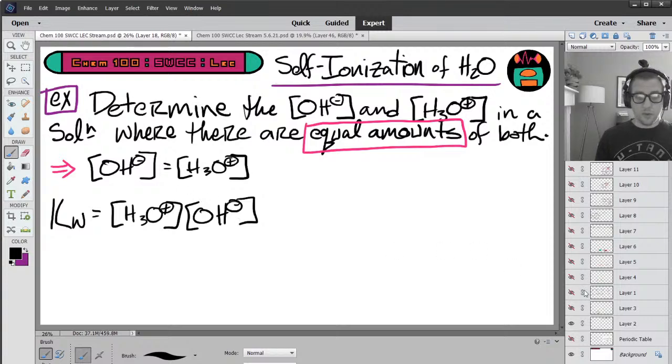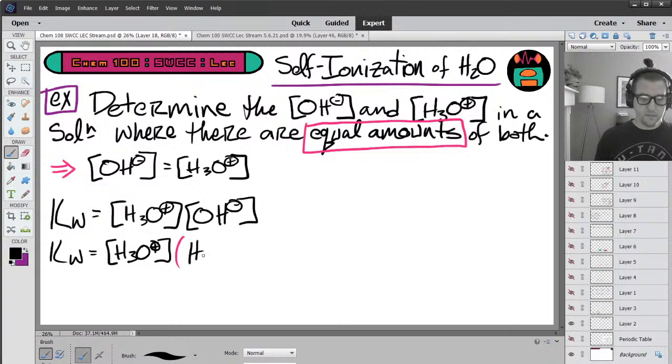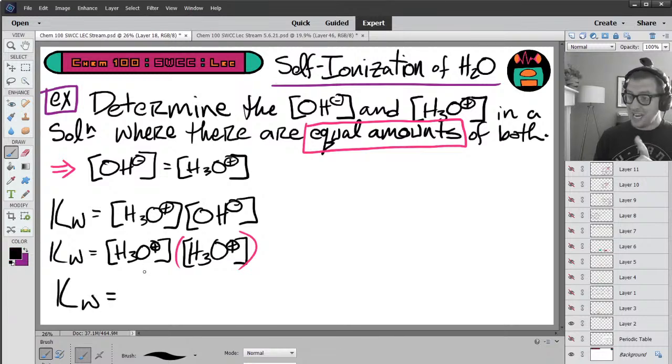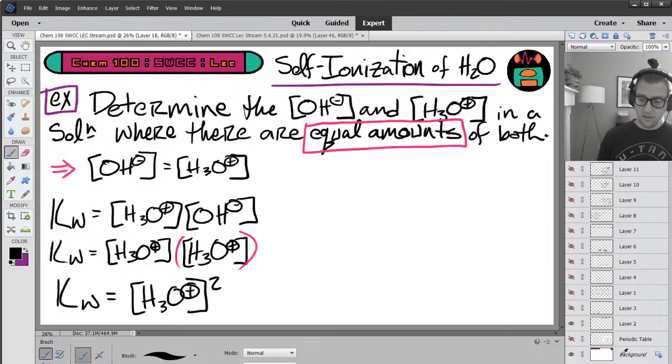Because if these two are equal, then we can substitute in the concentration of hydronium for the concentration of hydroxide. They're the same quantity. So you do a substitution. This means that Kw in this case would be equal to the concentration of hydronium squared.